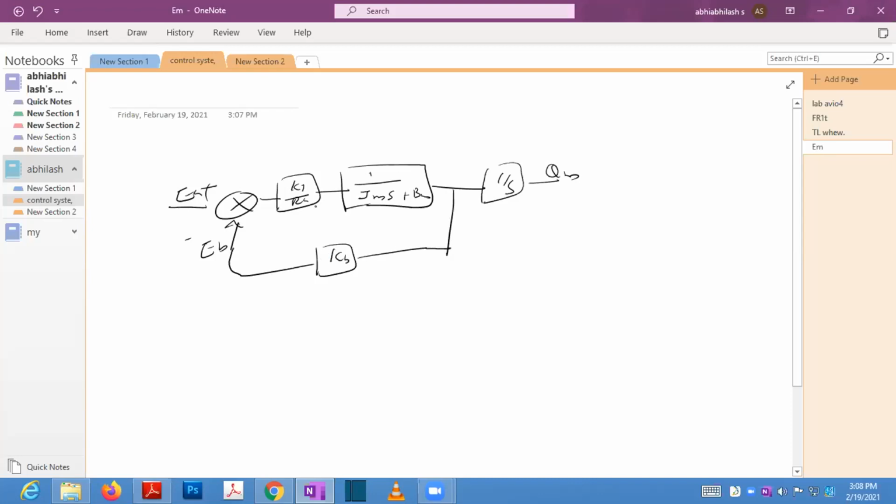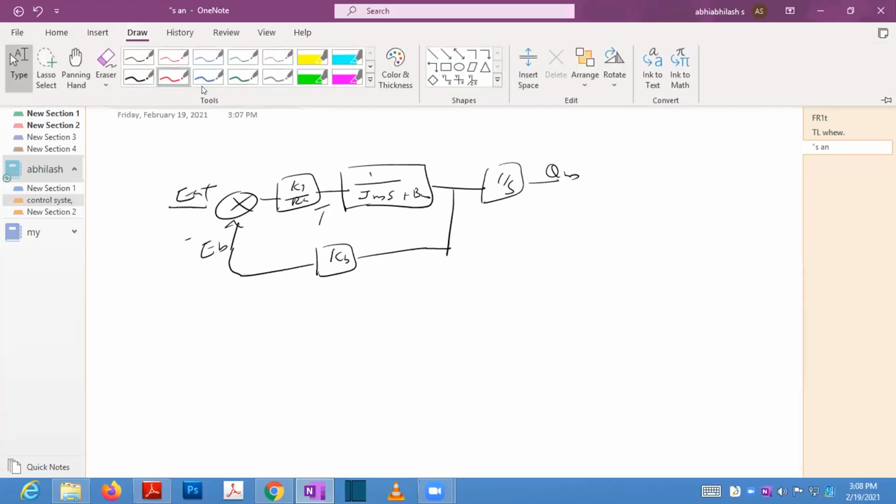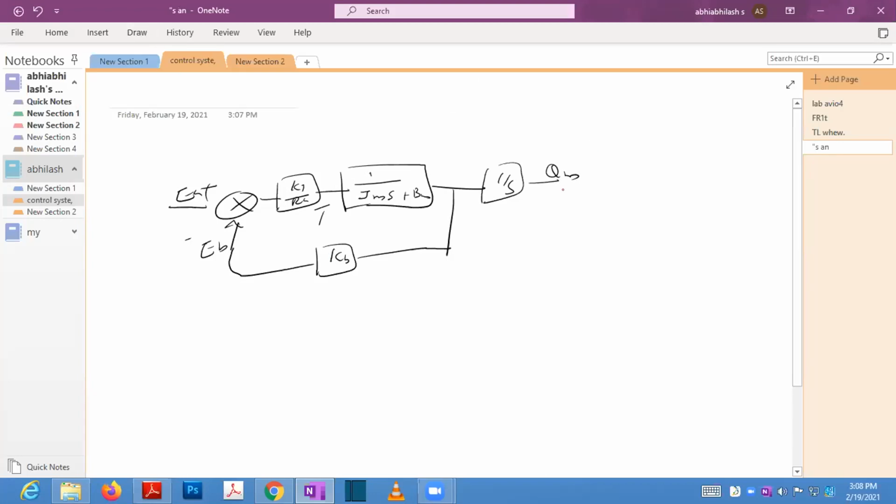So here is the torque coming, and it is connected to this load.